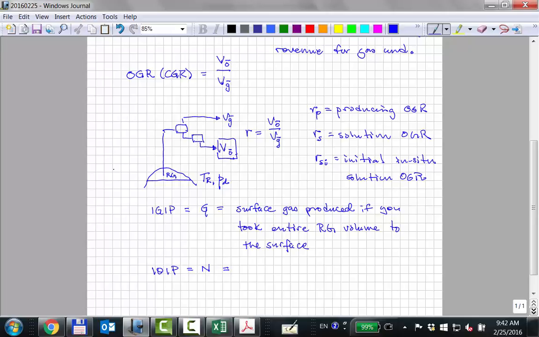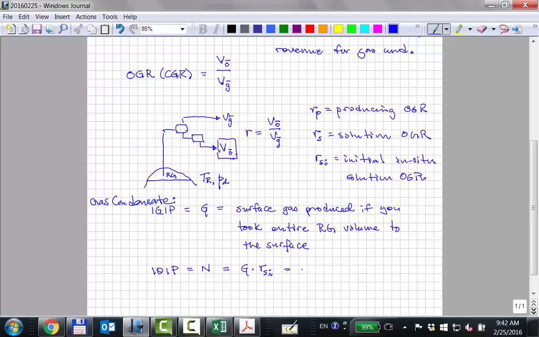Again, this is for a gas condensate reservoir. So that's equal to the initial gas in place, because that's basically this gas number here, times the value of R initially, the initial solution oil gas ratio.